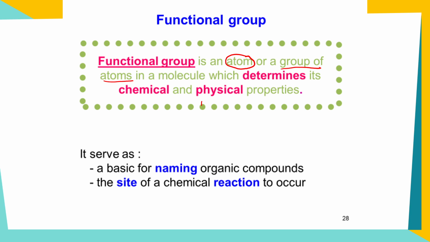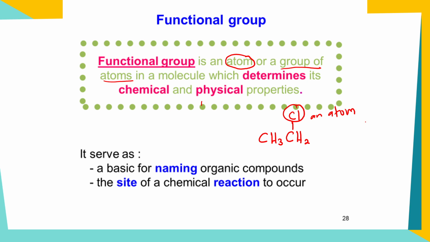Let's say we have an example: one molecule CH3CH2 bonded to one chlorine. In this case, the functional group is chlorine, which represents an atom. So only a single atom gives the chemical and the physical properties to a molecule.